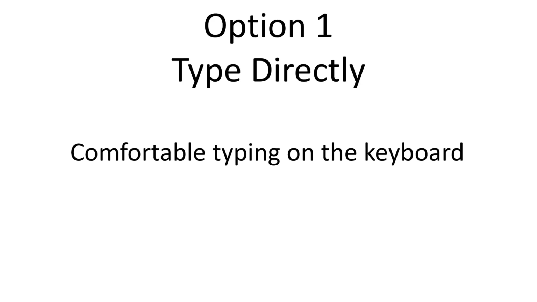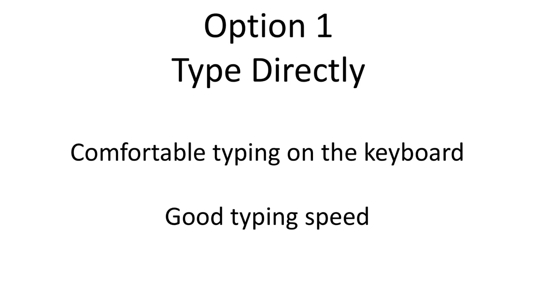Like I said, option one is to type directly, and this is a good option if you are comfortable typing on the keyboard and you have a reasonably good typing speed. You don't have to have a very fast typing speed, but as long as you're okay, then you can take this option.